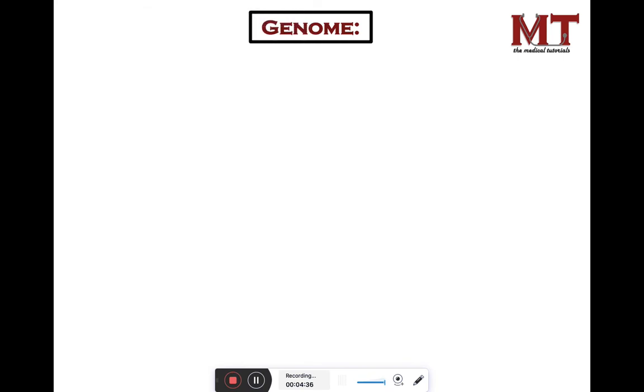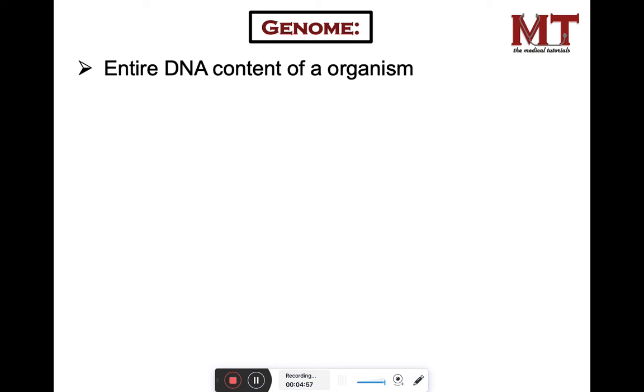What is genome? Genome is the entire DNA content of a cell. Now, since life starts from a single cell, all the cells in an individual have the same DNA. So we can say genome is the entire DNA content of an organism. In fact, not just organism, all the members of a species have the same DNA.